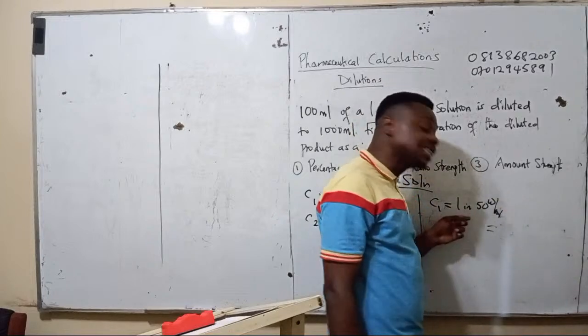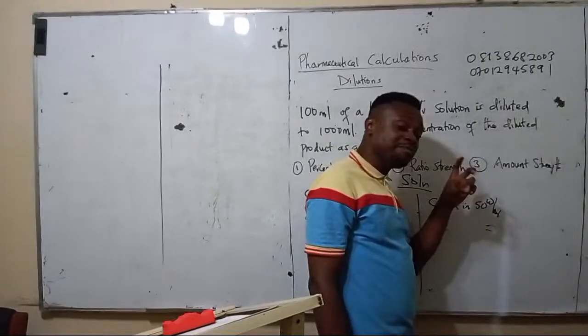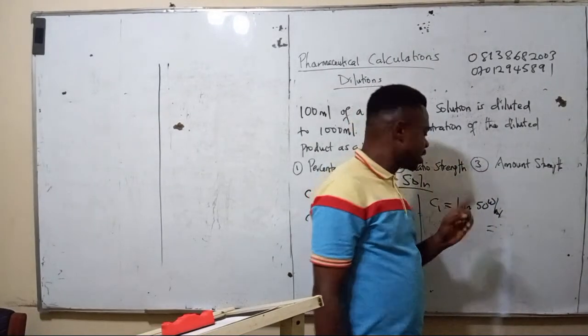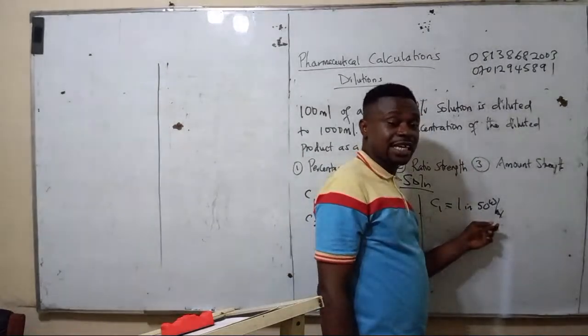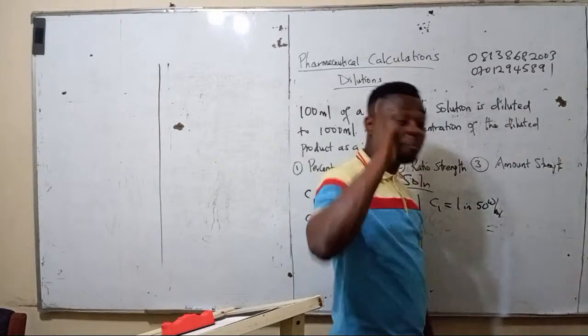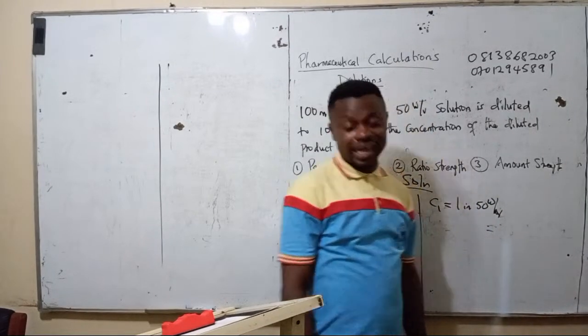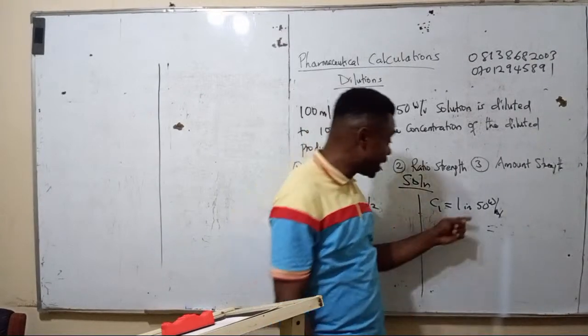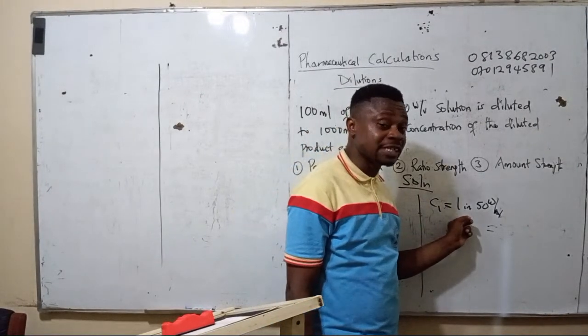But in this case, when we have a solid in a liquid, weight in volume, then it changes. Here, the weight must be in gram, while the volume must be in mL. It's compulsory that the weight must be in gram and the volume in mL before you can expand this and move it to percentage.